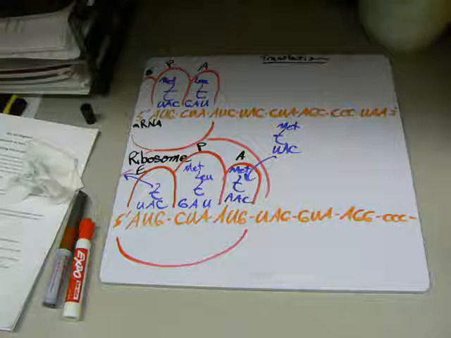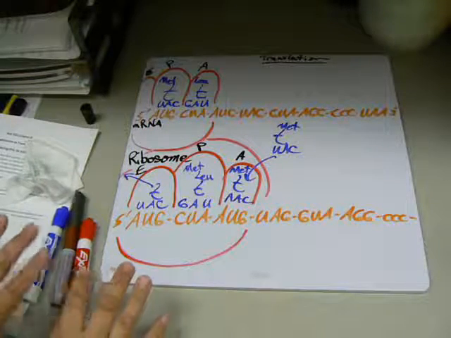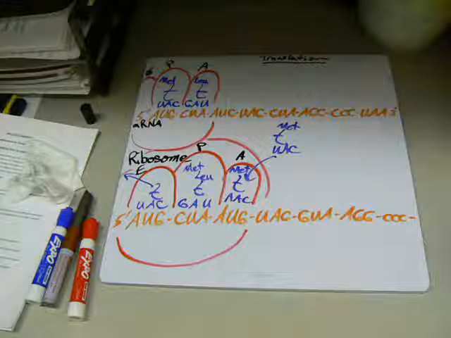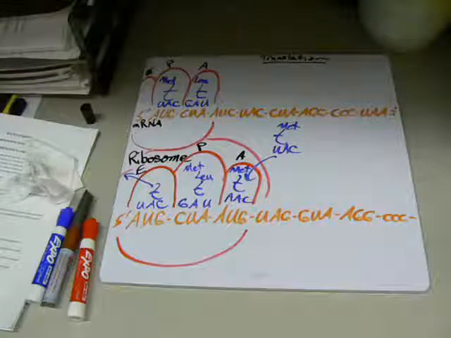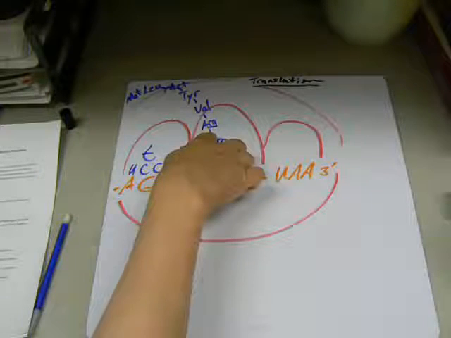So I've run out of room, so I'm going to erase this, and I'm going to have the end of the translation process. So now we are at the end of our mRNA. Our ribosome has marched down, and we've hooked this growing strand of amino acids, which we call a protein, over onto this tRNA, and it's going up out of the ribosome, and it's folding into its proper shape.